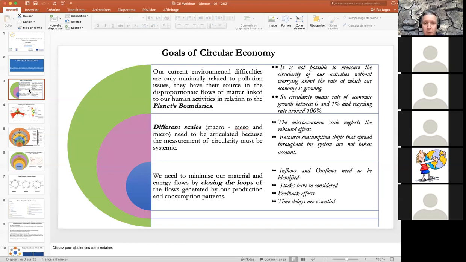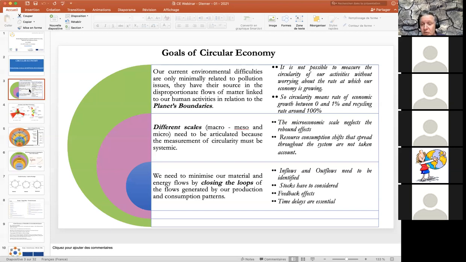You need to have a macro and meso view. And for that, you see the limits of the scale. If you use a microeconomic scale, you don't understand what the rebound effect means, for example, or what resource consumption means. What resource do we consume today? Which one?